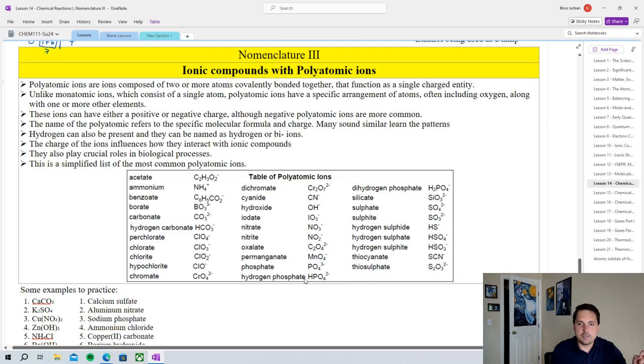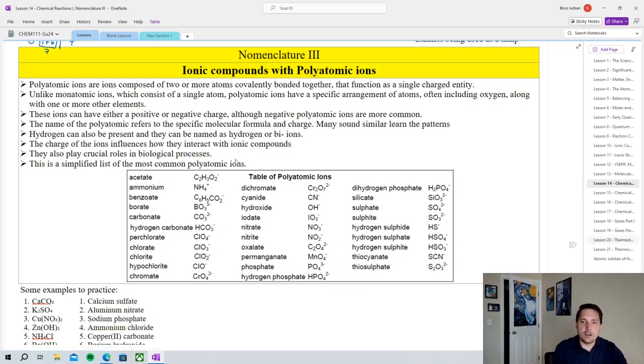So hydrogen phosphate would be HPO4 2-, and dihydrogen phosphate would be H2PO4-. But sometimes people would just call hydrogen phosphate biphosphate. And I don't recommend that nomenclature. It's just kind of confusing. So let's stick with the names that are on here.